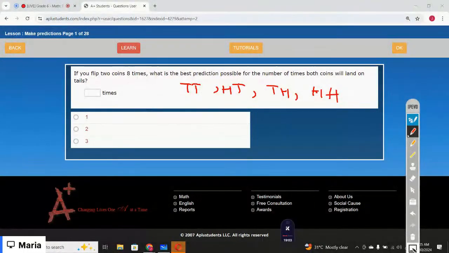You have to see the probability that it will land on tail and tail, both tails. So the probability of tail and tail is 1 out of 4. You flip these coins 8 times, so multiply. That is 2.